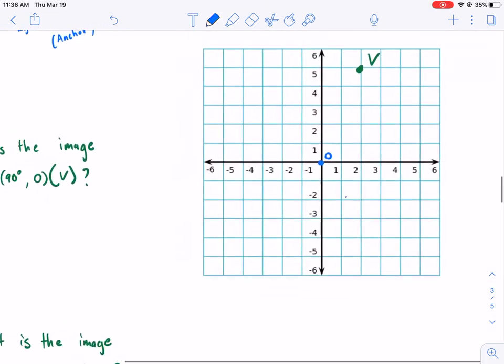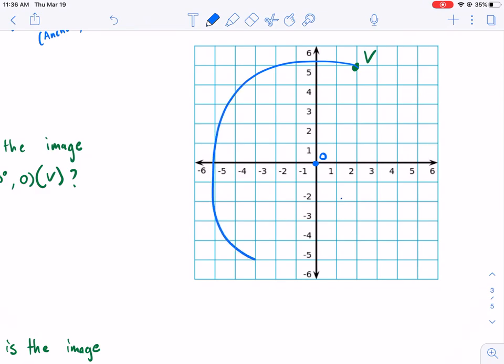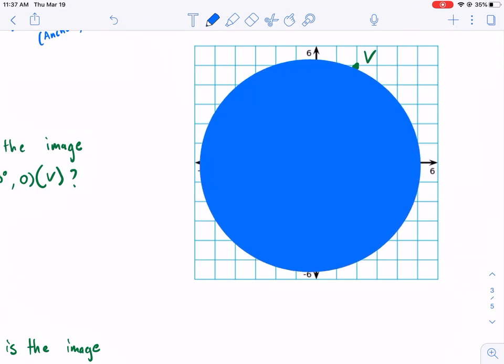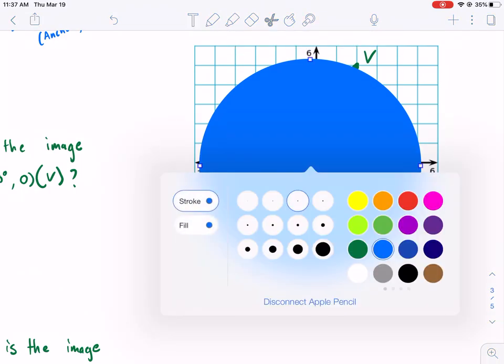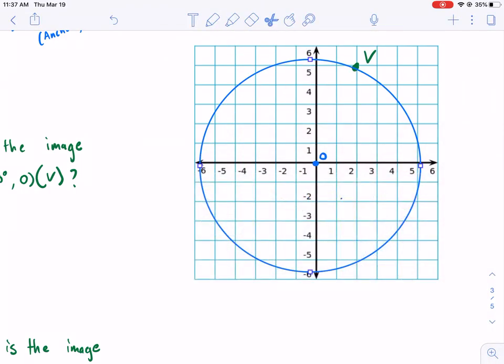So if we were actually to draw a circle around here, let me change this so we can see what's going on. Okay, let's have no fill. So if we were to have a circle drawn like this, this is a little imprecise. 180 degrees would be around the circle and halfway. So if I were to guess, I would guess in this general area, but I'm just estimating here based on my circle and based on knowing that 180 degrees goes across the center of the circle like that.